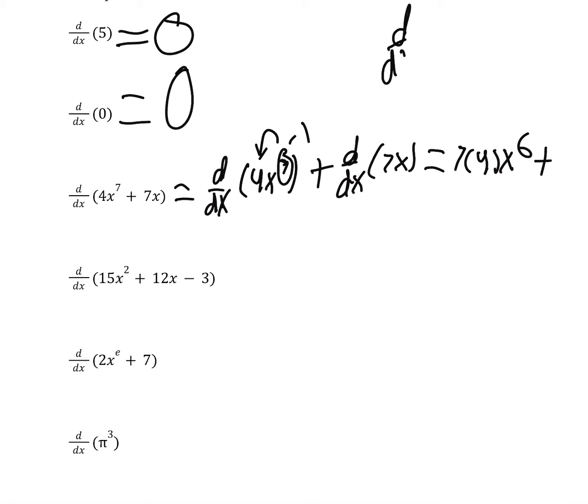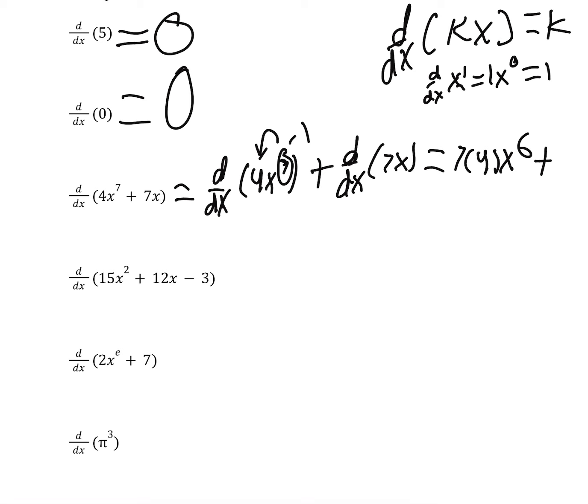Now, when you have the derivative of, let's say, kx with respect to x, that's always going to equal k. It's always going to be the thing in front of the variable, because by the power rule, we can say x to the 1, the derivative of that is 1x to the 1 minus 1, which is x to the 0.